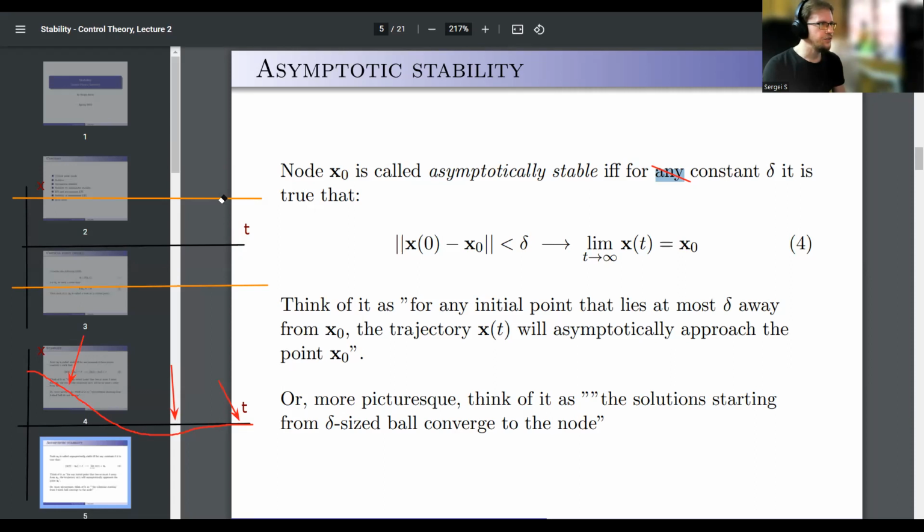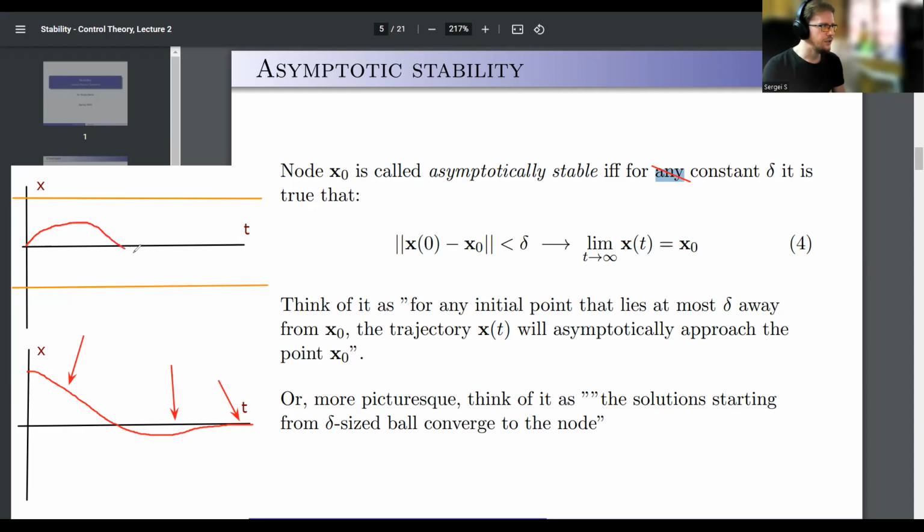All right. So the difference between, let's say, this and this is because of the following: a marginally stable system, a system like this, doesn't have to converge to anything.